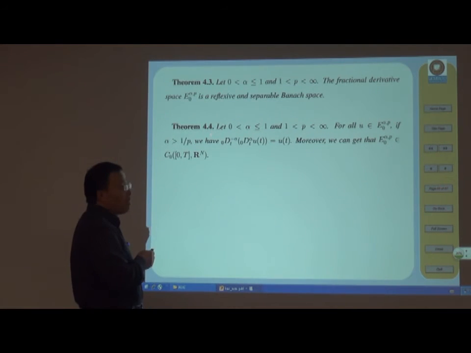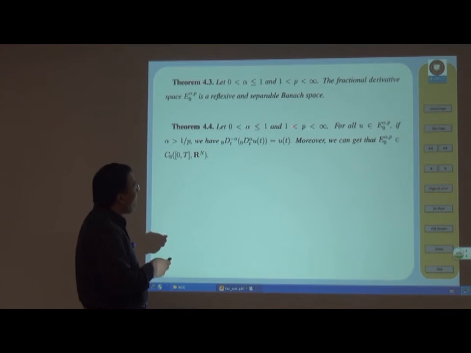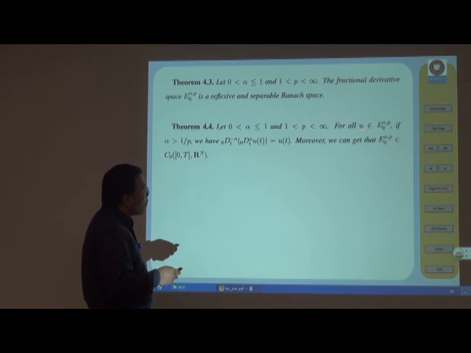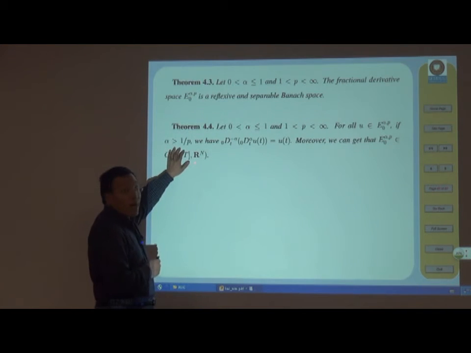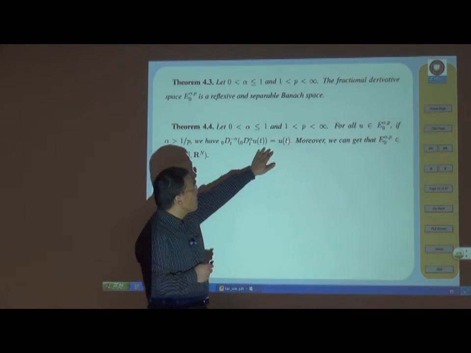Under 4.4, alpha and P as this, for u belonging to this space, if alpha is greater than 1 over P, we have this formula.